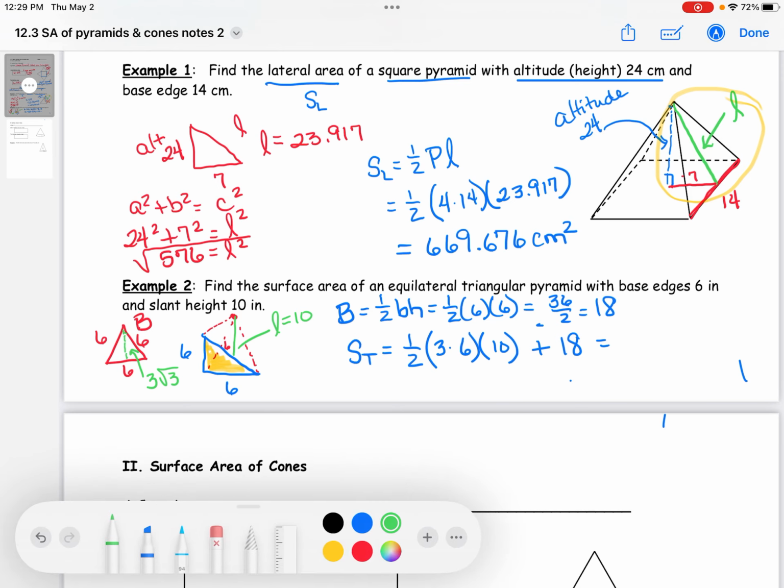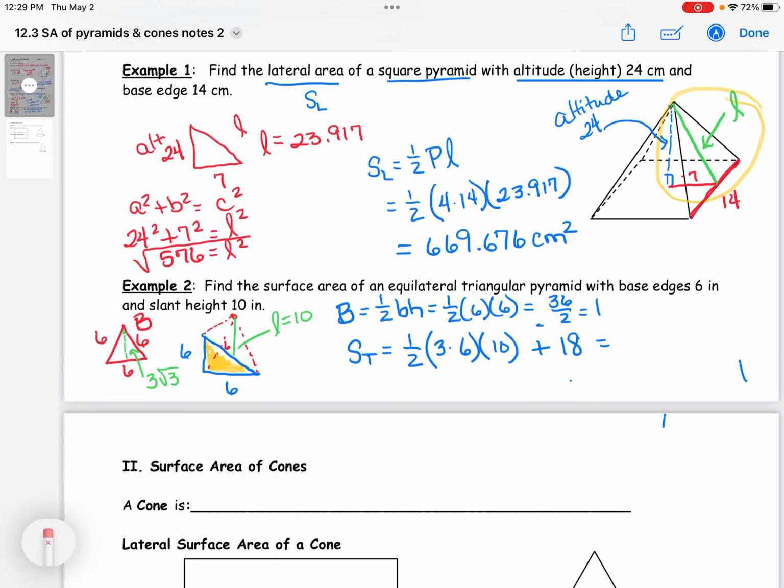Okay. So I had my area wrong. Let's see what I would change. This is what I did wrong, because I didn't have the height.